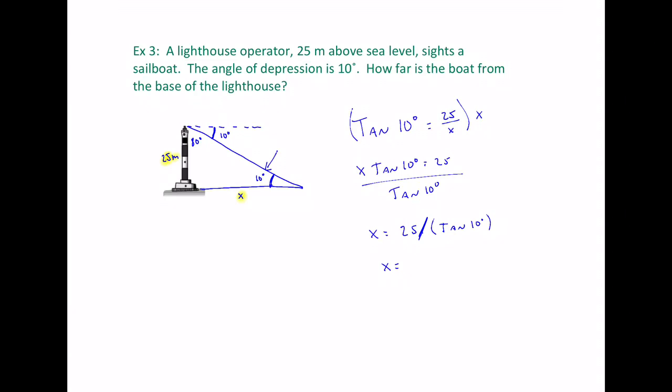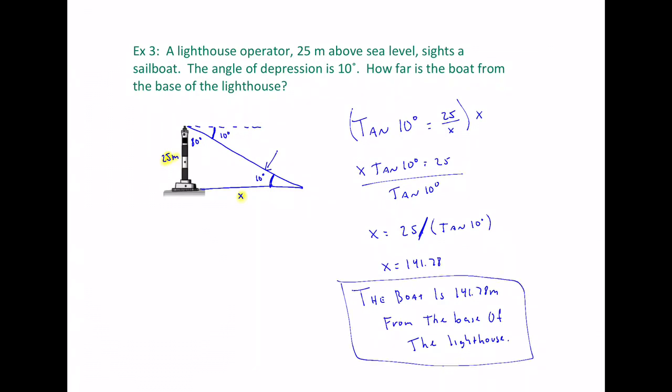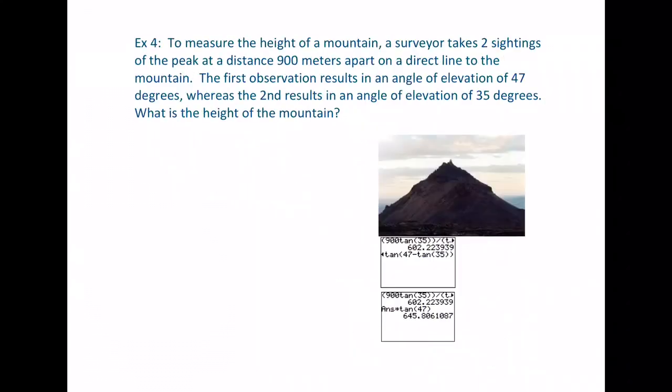So x is equal to 141.78. And so the question is, how far is the boat from the base of the lighthouse? We need to indicate what that represents. So we'll say the boat is 141.78 meters from the base of the lighthouse. And that answers the question. Once again, make sure you are answering the question on each of these application problems.